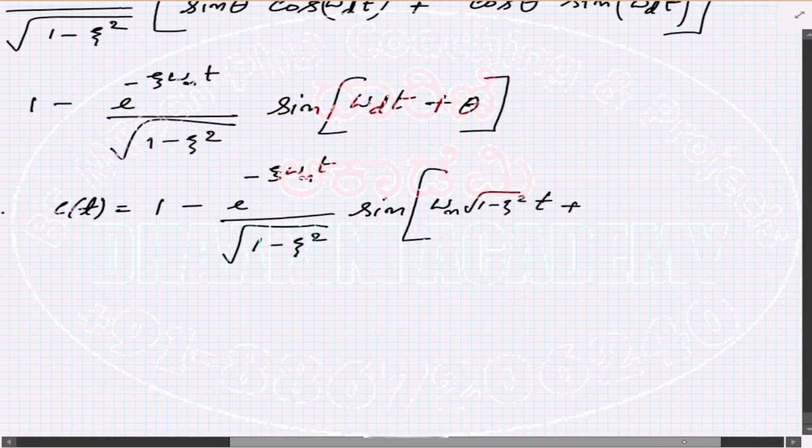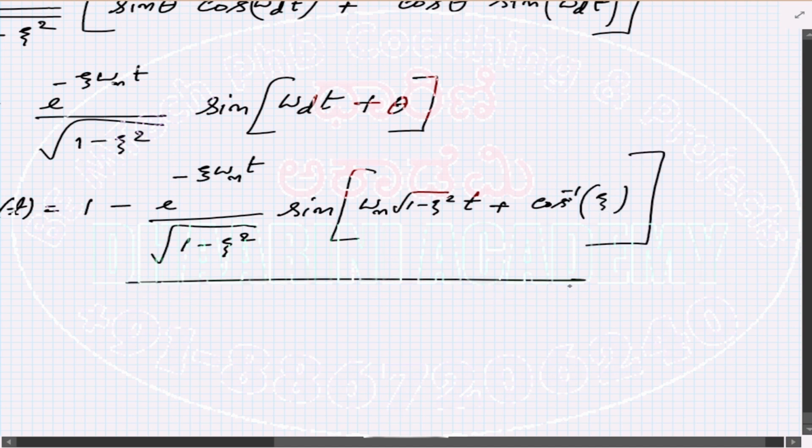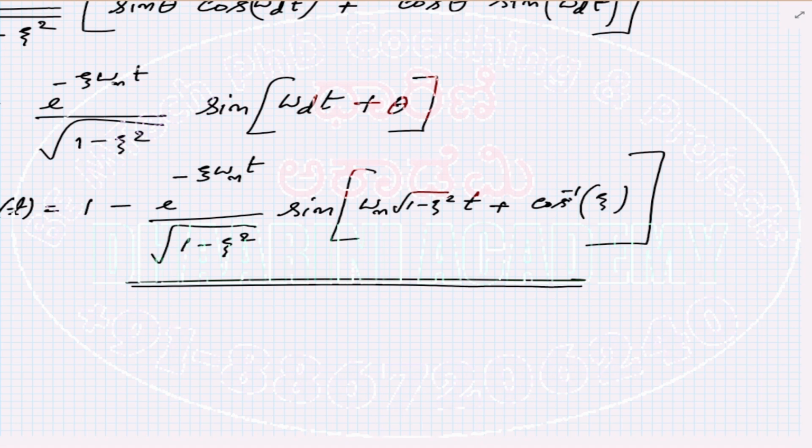Plus you can substitute for theta in any format, maybe tan inverse. I prefer cos inverse because it's simply cos inverse of zeta. So this is the standard output that we are going to get for a second order system whenever you give the input in the unit step format.